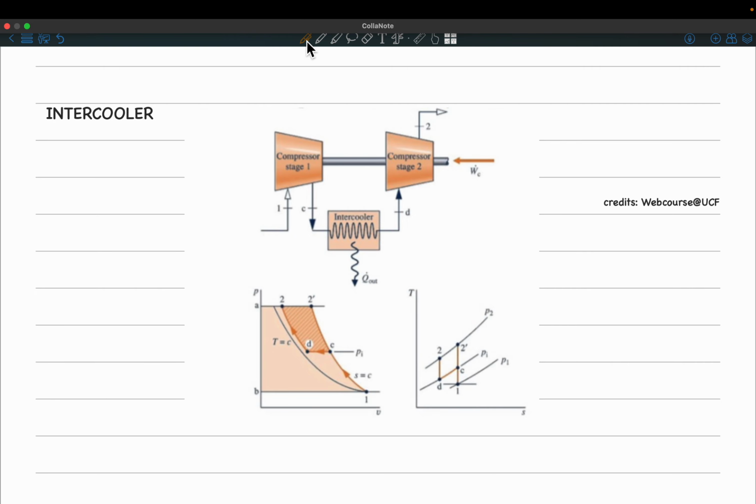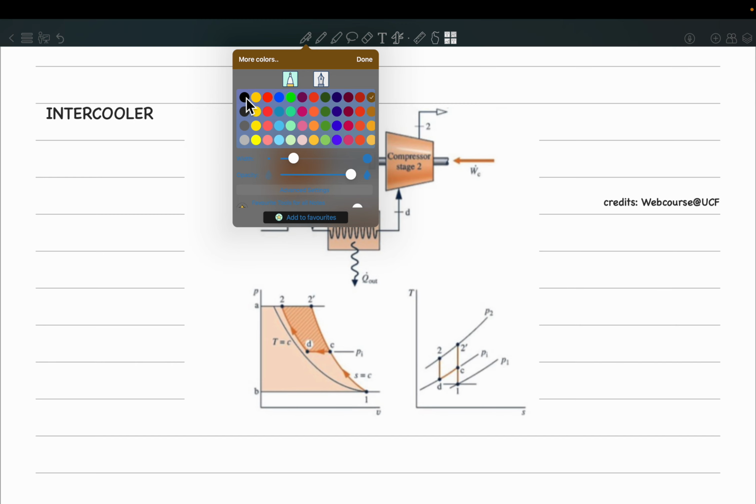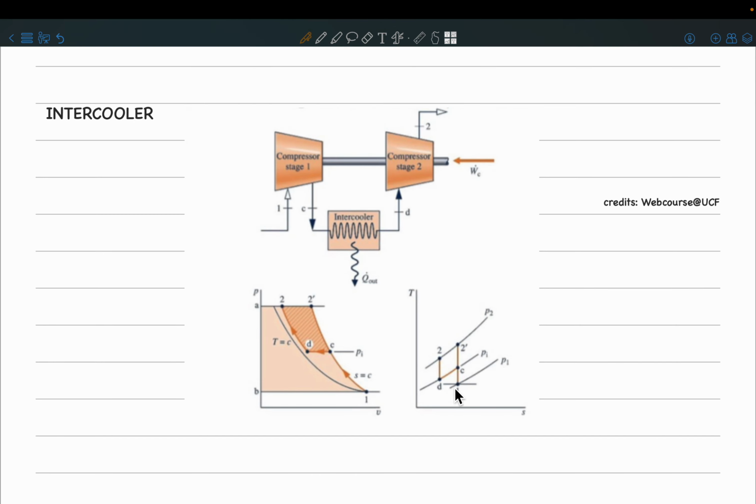Okay, so let me draw this here. Yeah, so if you're basically compressing from this state 1 to state 2 prime directly, then you have increased the temperature and also you have increased the pressure.